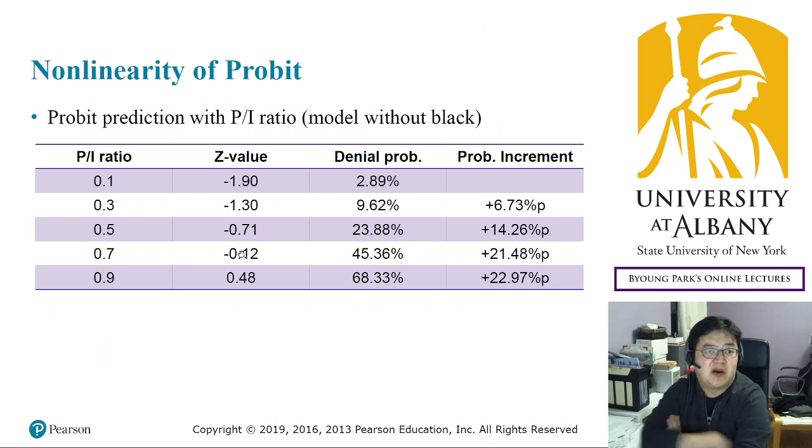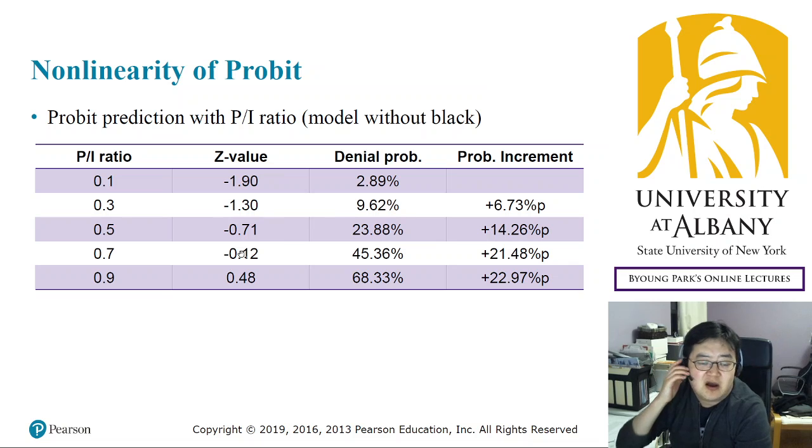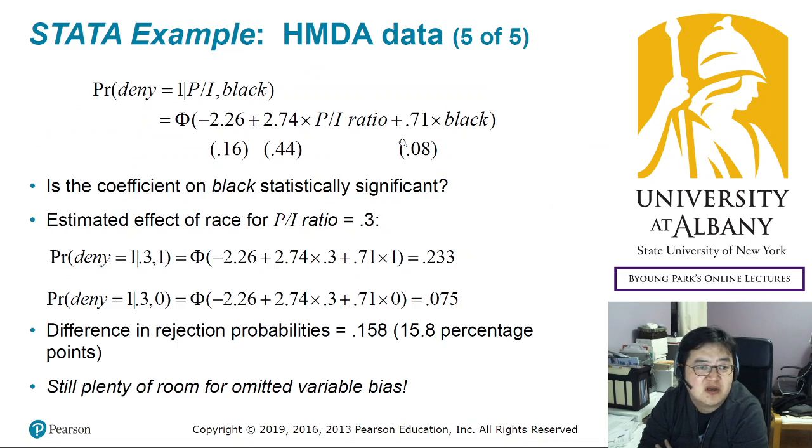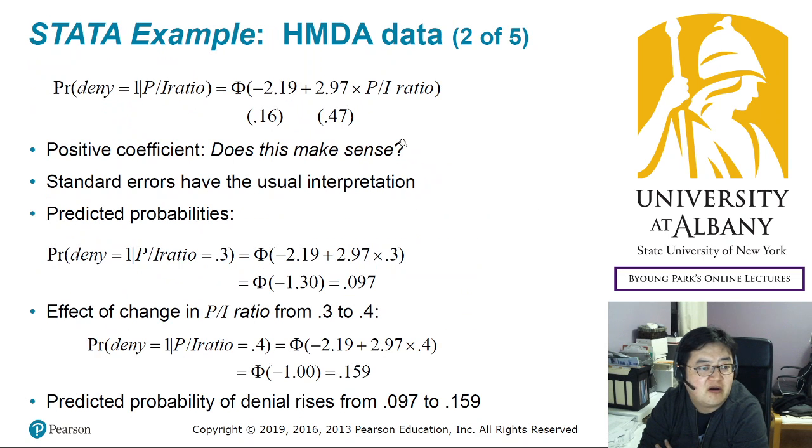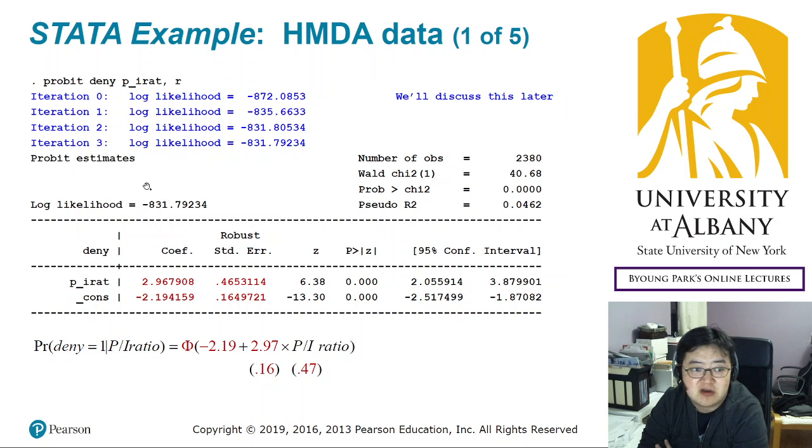I think the textbook does not have enough explanation on the nonlinearity. I don't know why. Overall I like the textbook a lot, but I don't like this chapter. I realize it now, so I made up my own slide. What I did here is I first ignored the black variable and used this result.